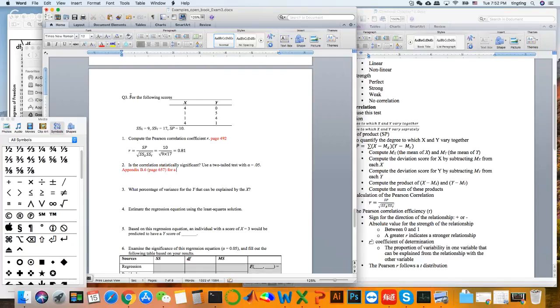For r, df equals N minus 2. N is how many subjects in total, right? 1, 2, 3, 4. 4 minus 2 is 2. And alpha equals 0.05.